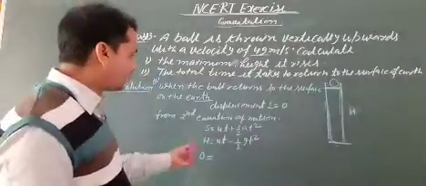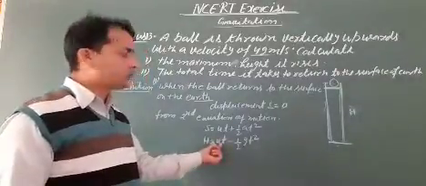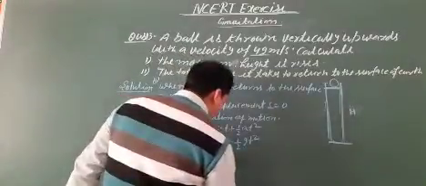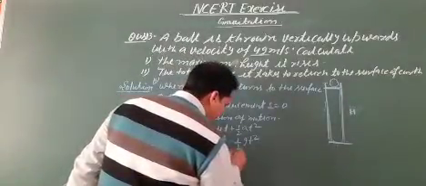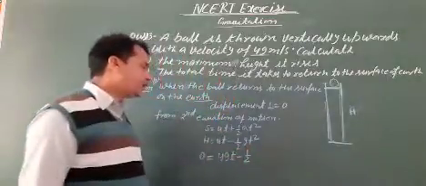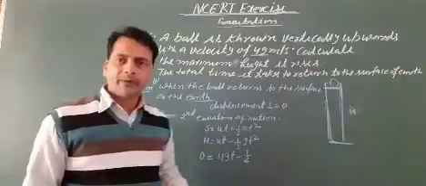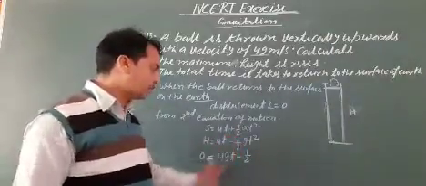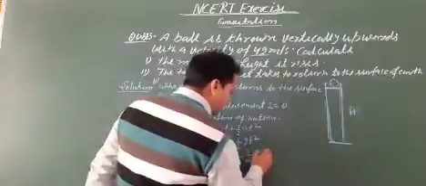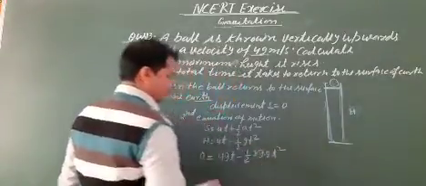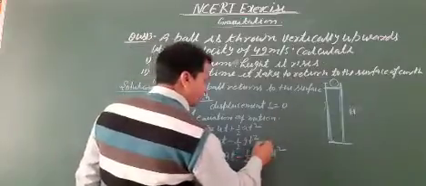So put u equal to 49 meter per second. Then 49 into t minus half, and the value of g equal to 9.8 meter per second square. So put g equal to 9.8 here, 9.8 into t square, that is 4.9.